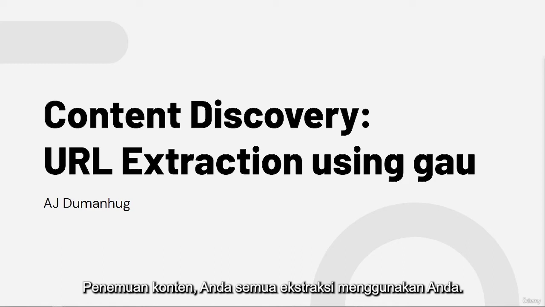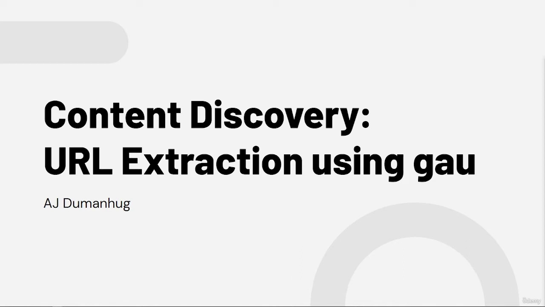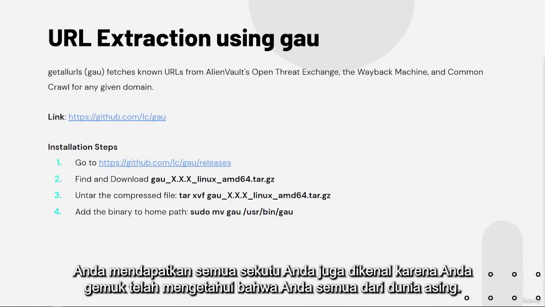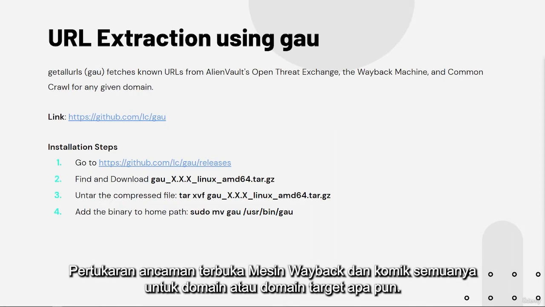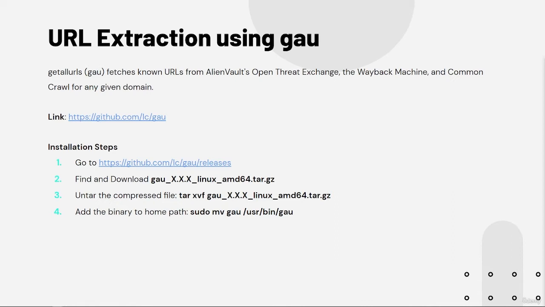Content discovery, URL extraction using GAU. Get All URLs, also known as GAU, fetches known URLs from AlienVault's Open Threat Exchange, the Wayback Machine, and Common Crawl for any given target domain.